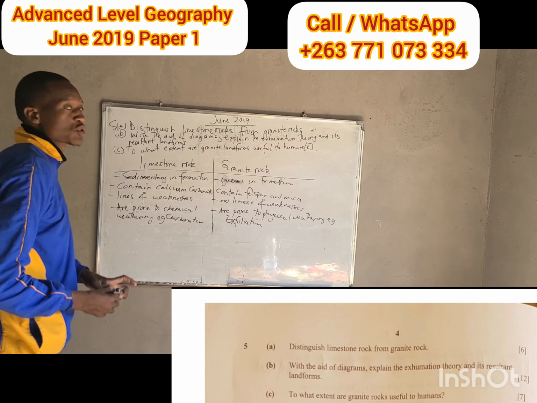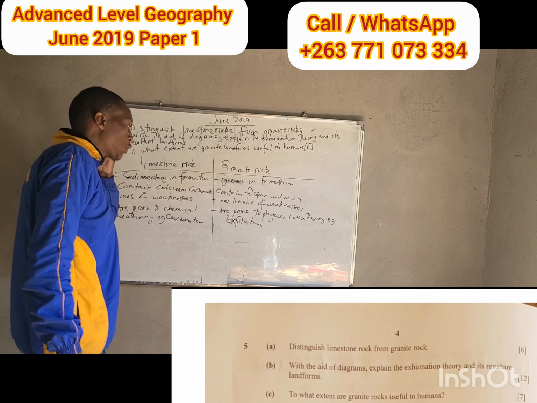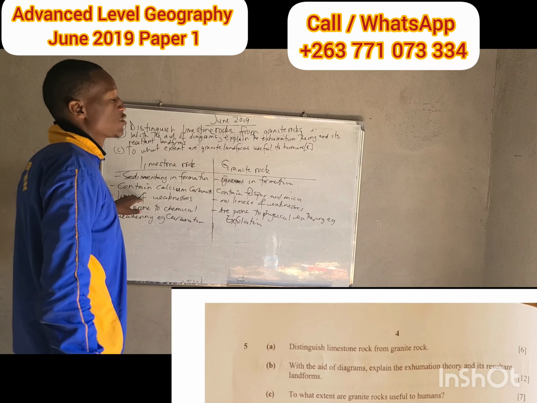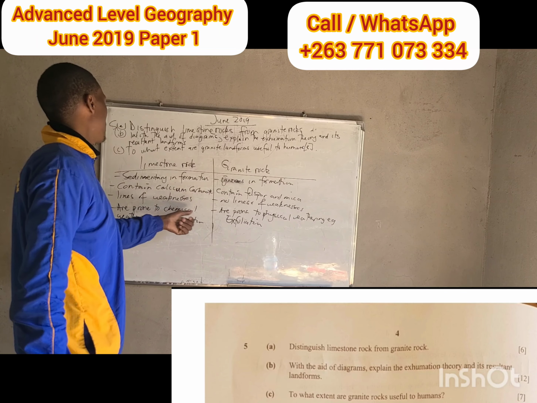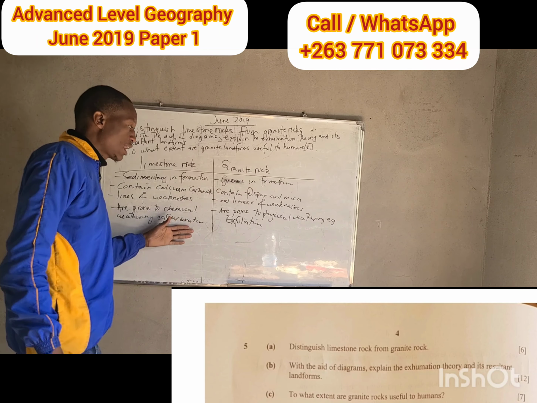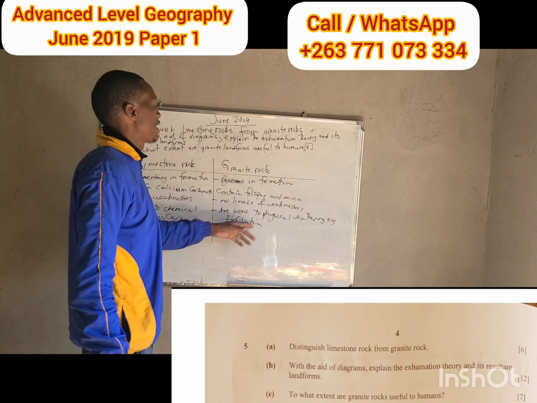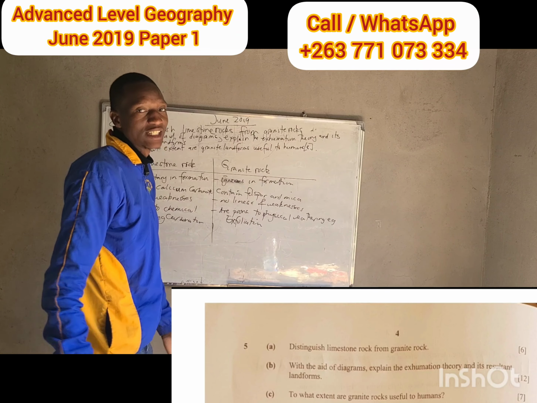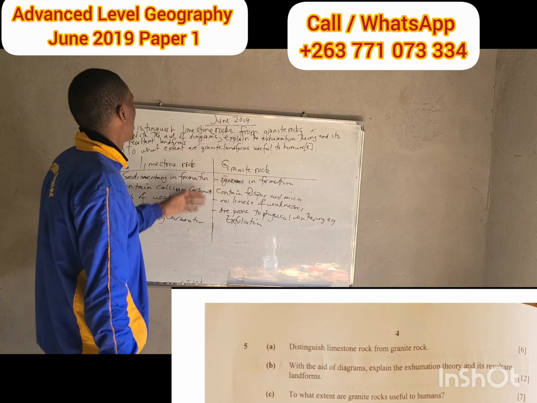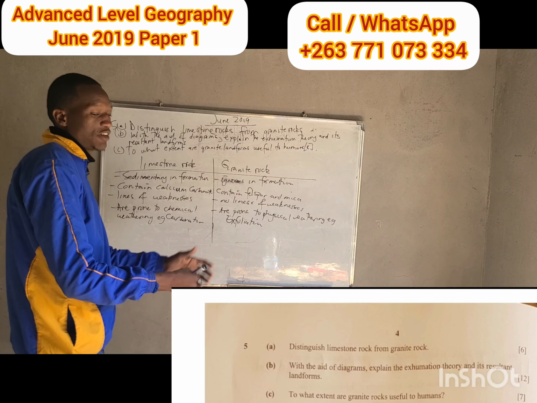This is what you can do. So you'll be like, limestone rock, we have got lines of weaknesses. These they do not have. Limestone rocks are prone to chemical weathering, these are prone to carbonation, while granite rocks are prone to physical weathering, much more exfoliation and dilatation. Then we are through. This is the way you can give differences.